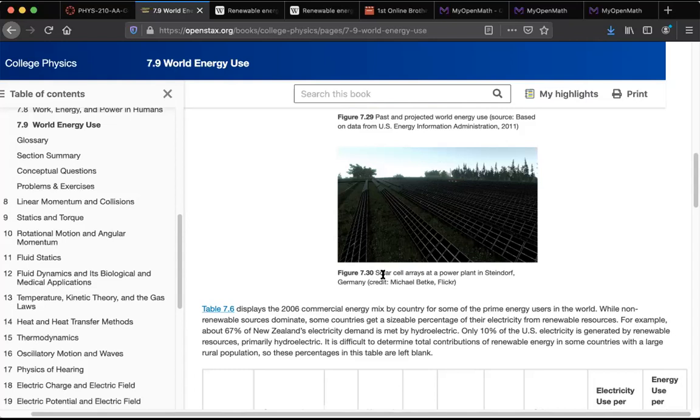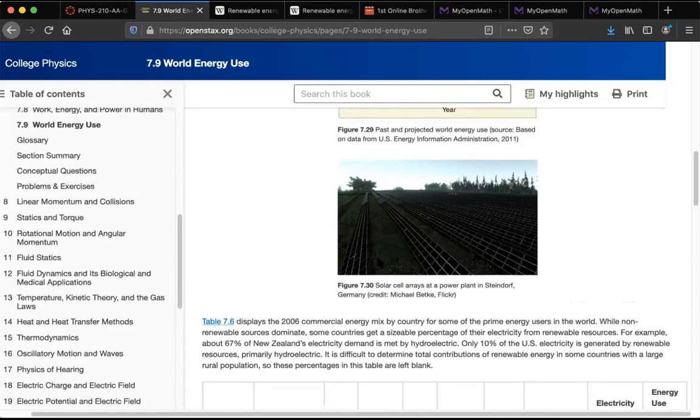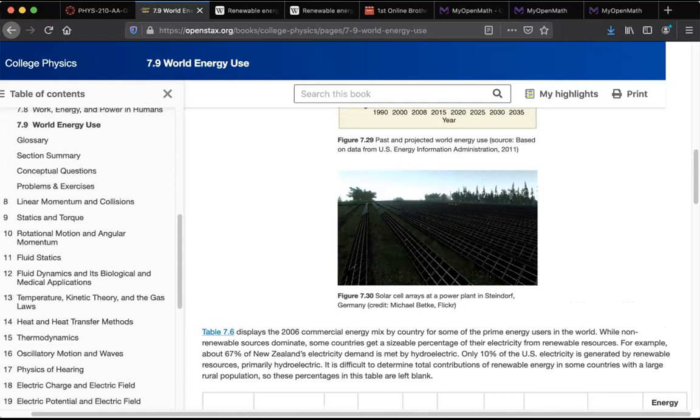And so what ends up happening is that a power plant that provides solar, or a power plant that provides wind, usually also has a backup source of power, which is fossil fuel.